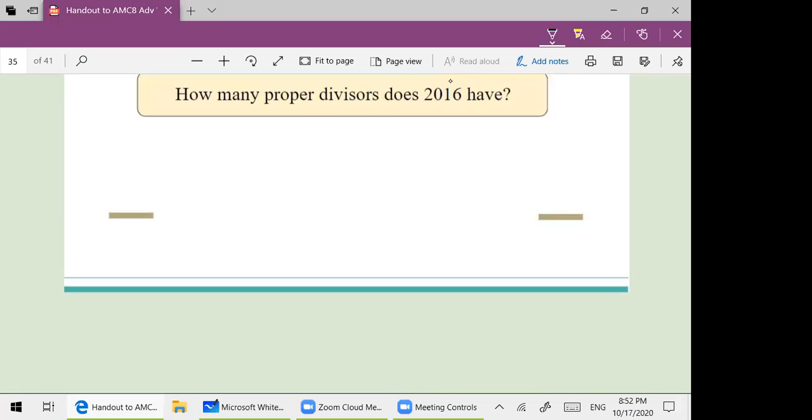Okay, I'll do some of the work for you. Here's the prime factorization. 2016 equals 2 to the 5th times 3 squared times 7.